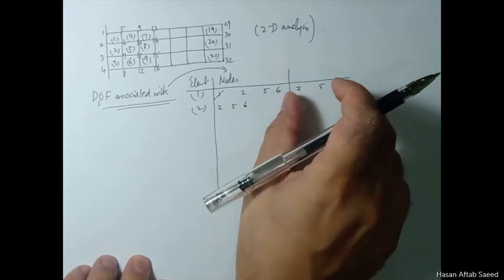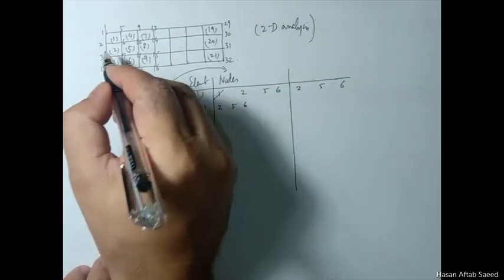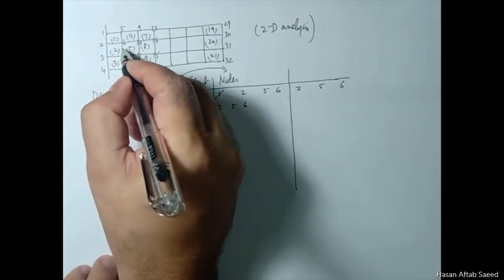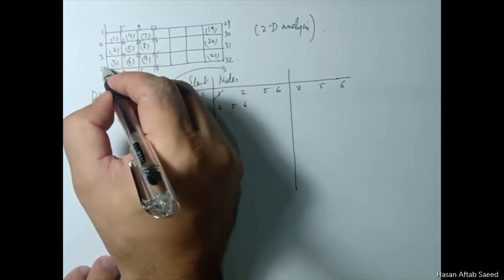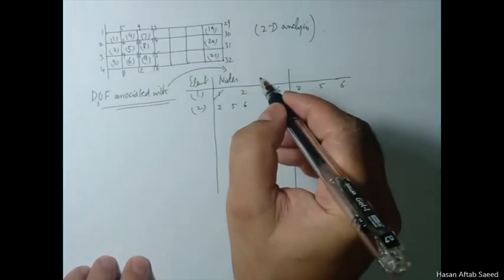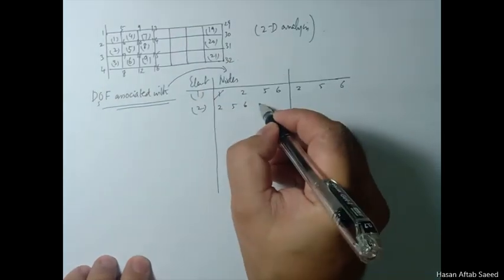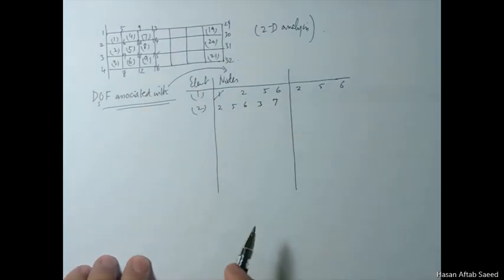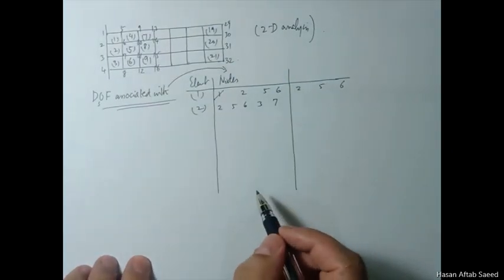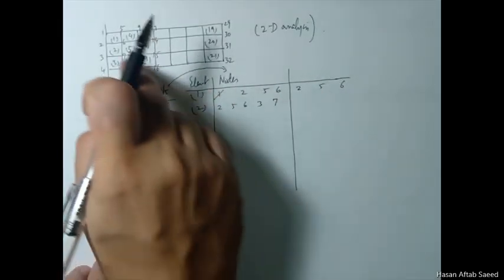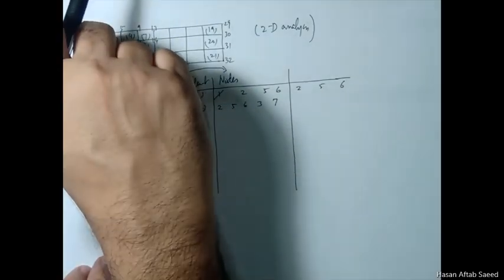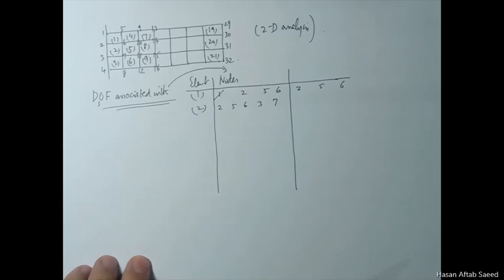You have not been able to eliminate them yet, but element 2 brings the nodes 3 and 7 also into the system. But the moment you are finished with element number 2, you realize that now node 2 is also history.